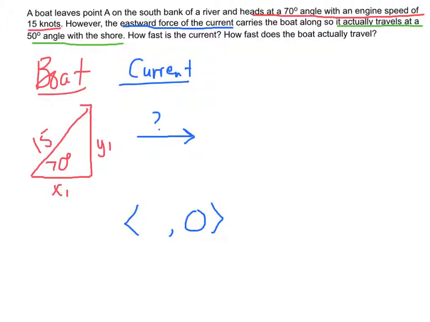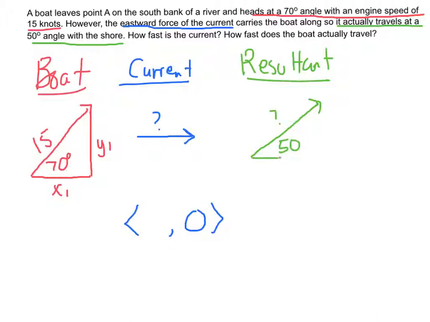And then my resultant vector, so what actually ends up happening, is a 50-degree angle, and we don't know the resultant force, so we'll call this x3, y3.